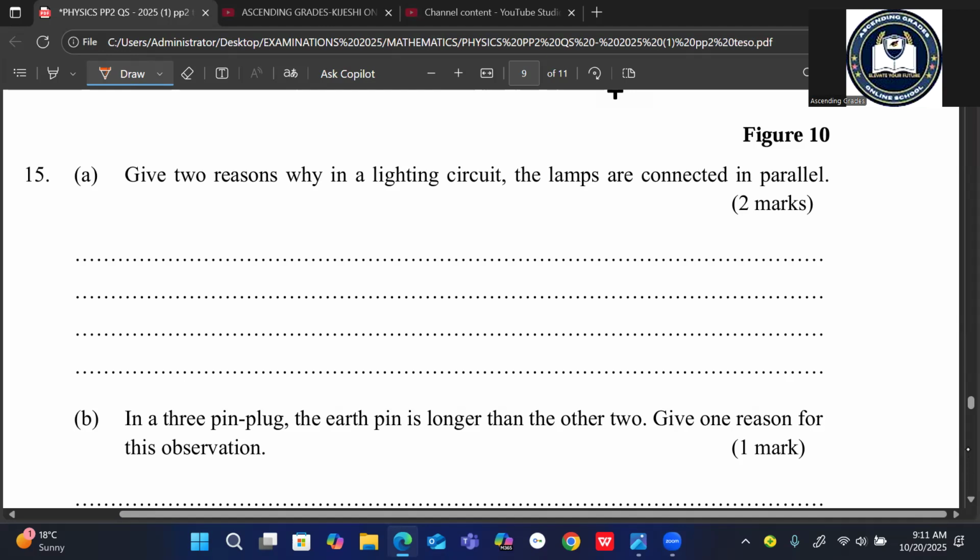Remember, if these ones are connected in parallel and you switch off one bulb, then the rest must also continue lighting. In short, to make the lamps operate independently.